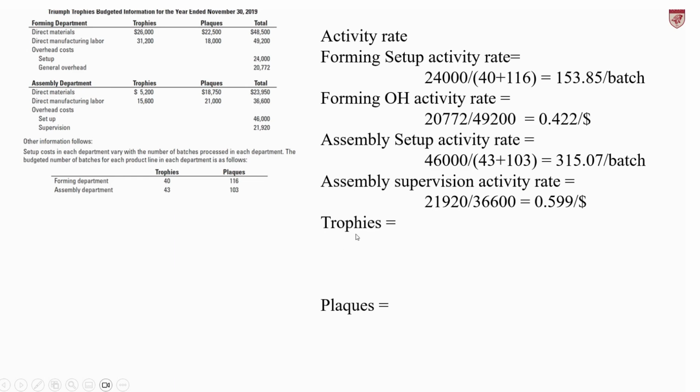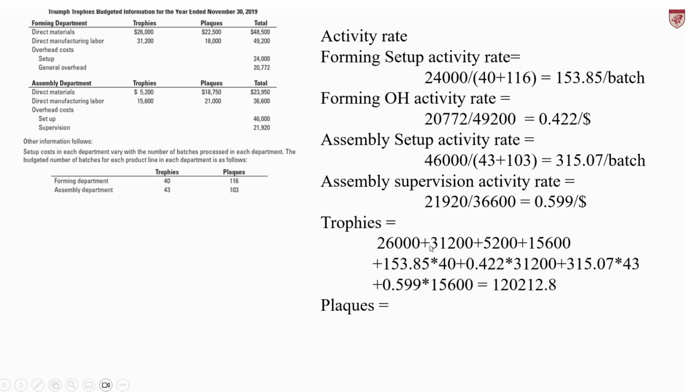Okay, so starting off from trophies, it's going to be 153.85 times what? The 40, right? Right here. Plus 0.422 times labor costs of 31,200 plus 315.07 per batch times how many batches in the assembly department for trophies? 43, right?